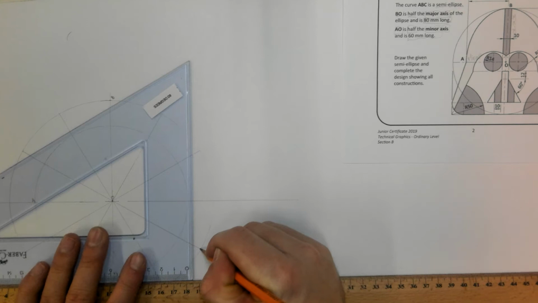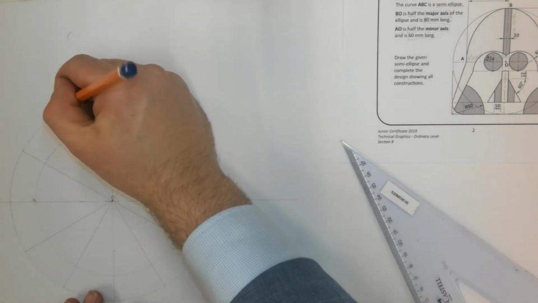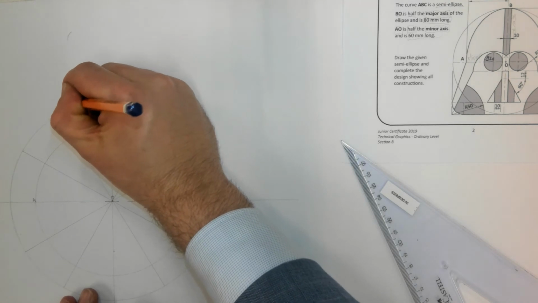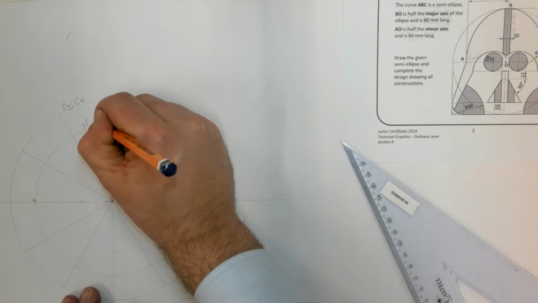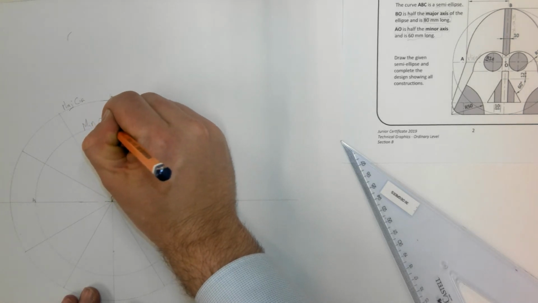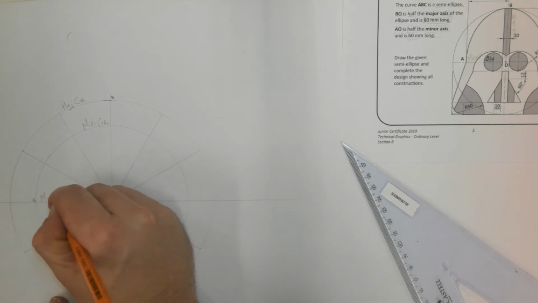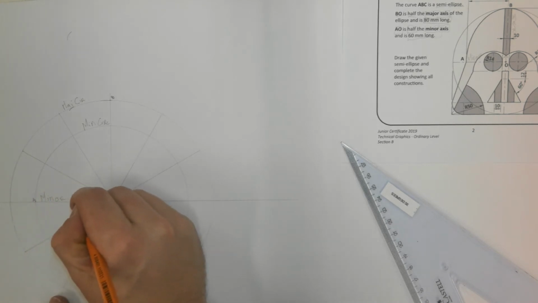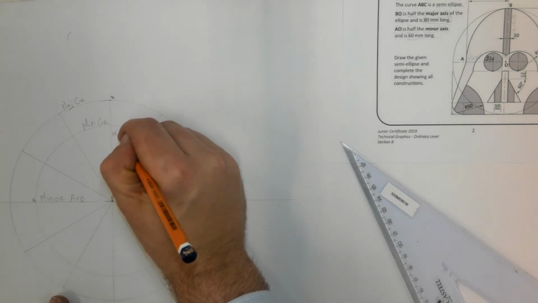So now, to draw the ellipse, where the division line hits the major circle. So that's the major circle. There's the minor circle. This is the minor axis. And this is the major axis.